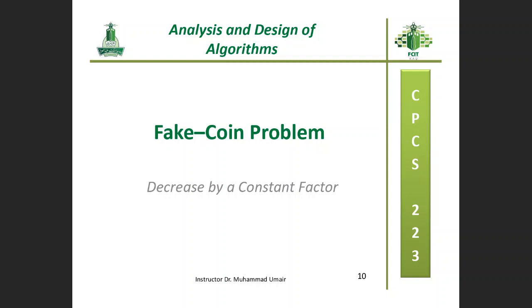Now if you have 10 coins, how can you figure out which coin is the fake coin if you are following the brute force or exhaustive search technique? You will calculate the weight. It means you have to weigh all the coins.